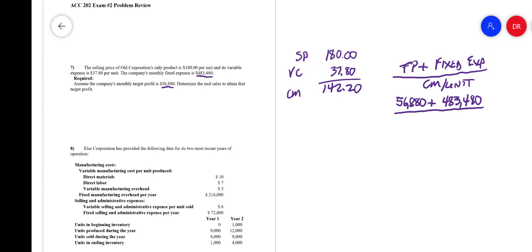And that all divided by 142.20. When we do all the math, we're going to come up with a volume of 3,800 units. Okay, so that's number 7.